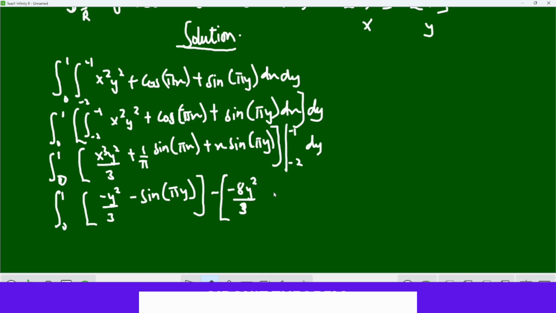That is -8 y squared all over 3. Then we have our sine of -2 pi, that is also giving us 0.